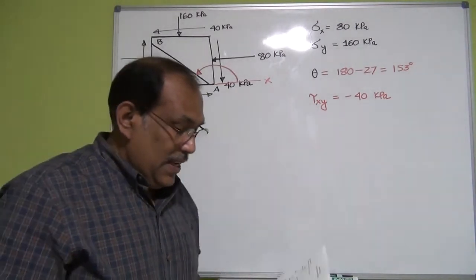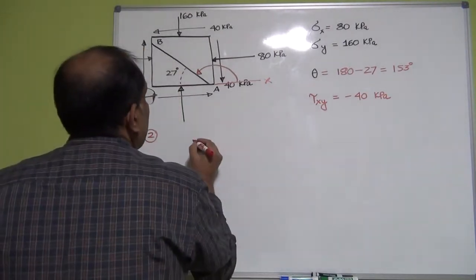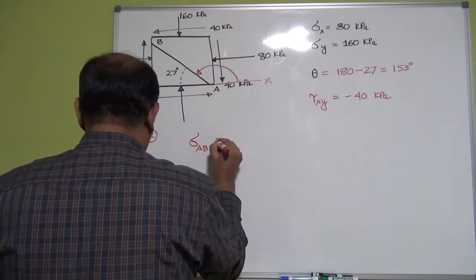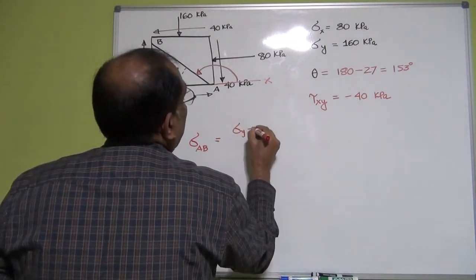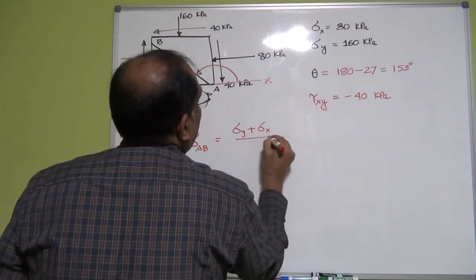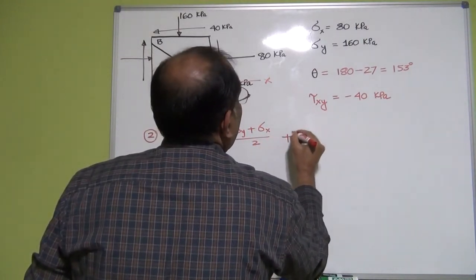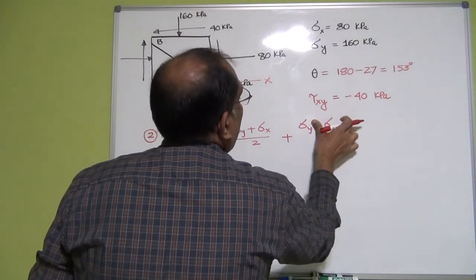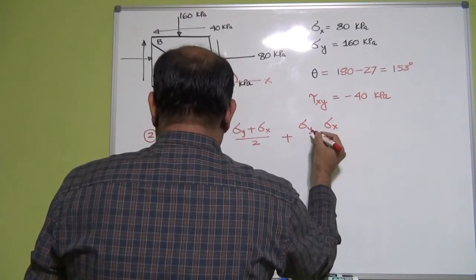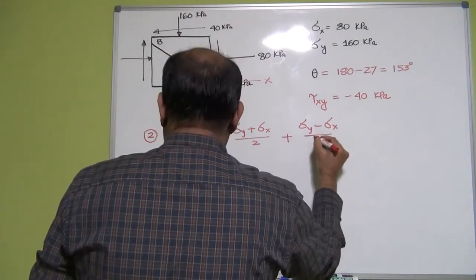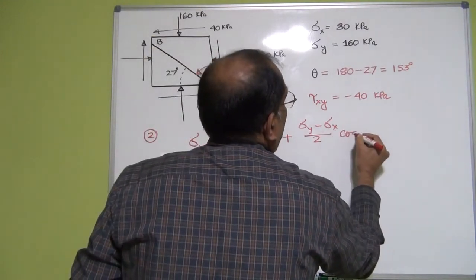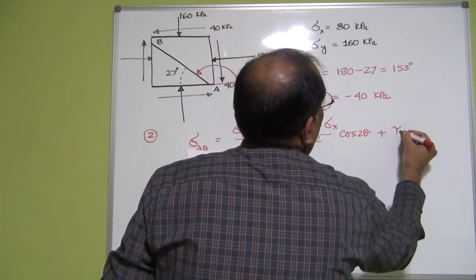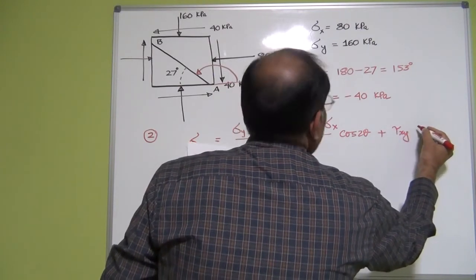So you can see from your equation that sigma at AB would be basically sigma y plus sigma x divided by 2 plus sigma y minus sigma x by 2 cosine twice theta plus tau xy sine twice theta.